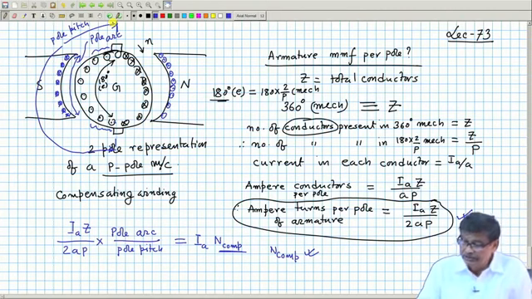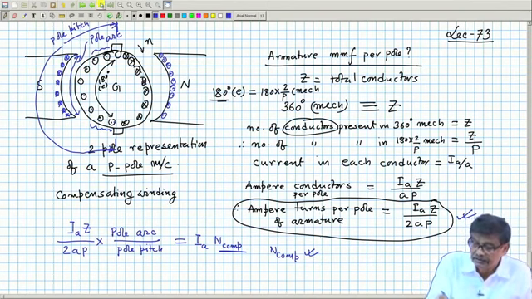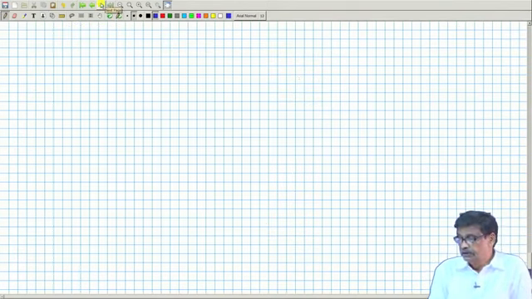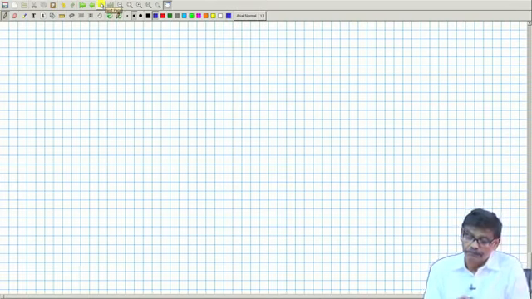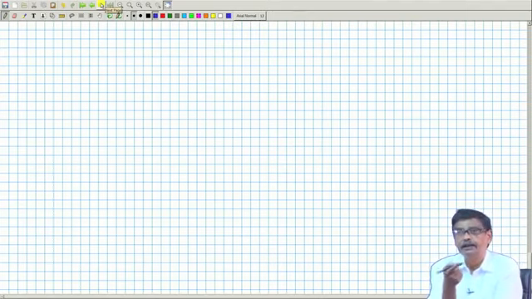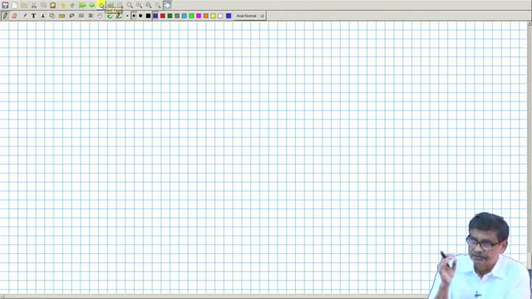We will come to this once again after we discuss the idea of brush shifting. That formula helps me to estimate the number of turns to be provided in the compensating winding. That is the thing we will discuss.